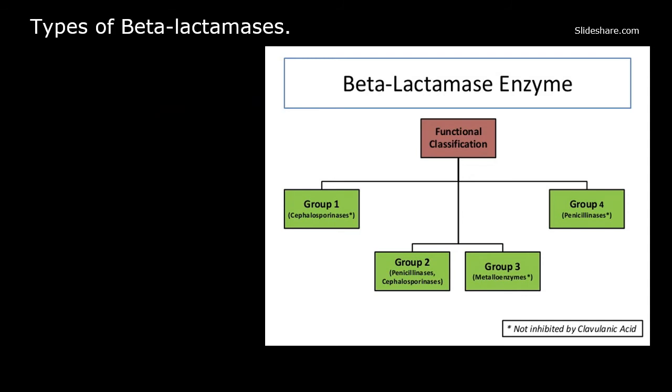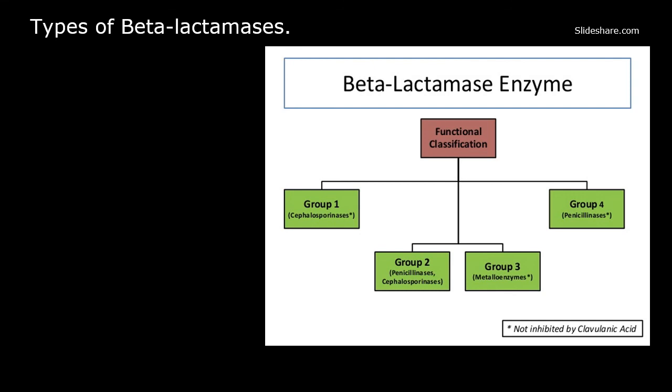Next is about types of beta-lactamases. So I will just give you an overview on the functional classification of beta-lactamase enzymes. There are actually four groups. First is cephalosporinase, second is penicillinase and cephalosporinase, third is metalloenzymes, and last is just penicillinase. Okay, so we will study these in an upcoming video.